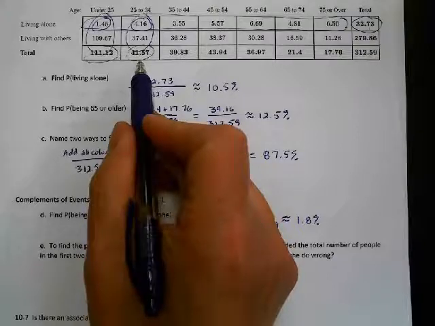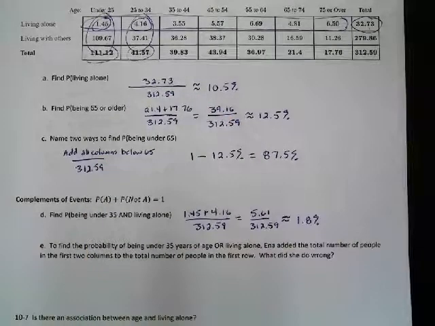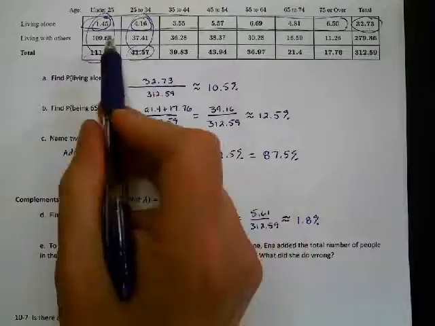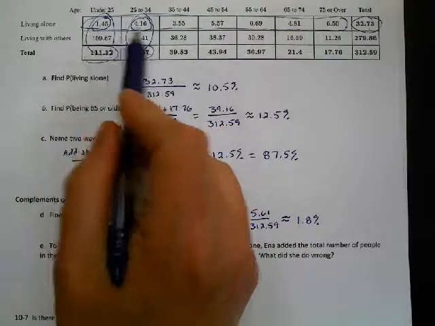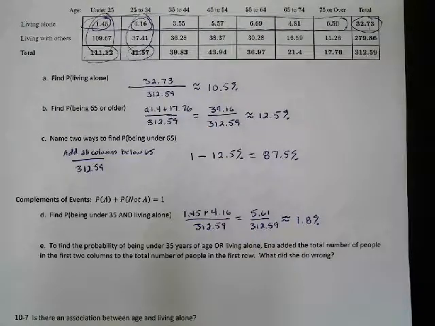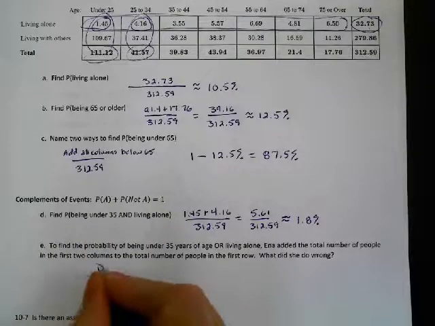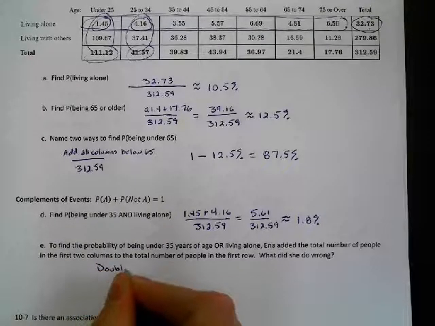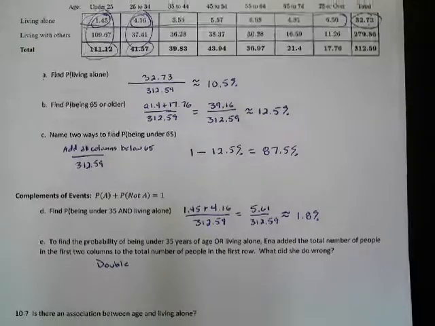So it's possible to do it like she did, as long as she subtracts out the numbers that she double counted. So she double counted the people living alone and under 35. We always have to be careful of double counting when we have an or statement.